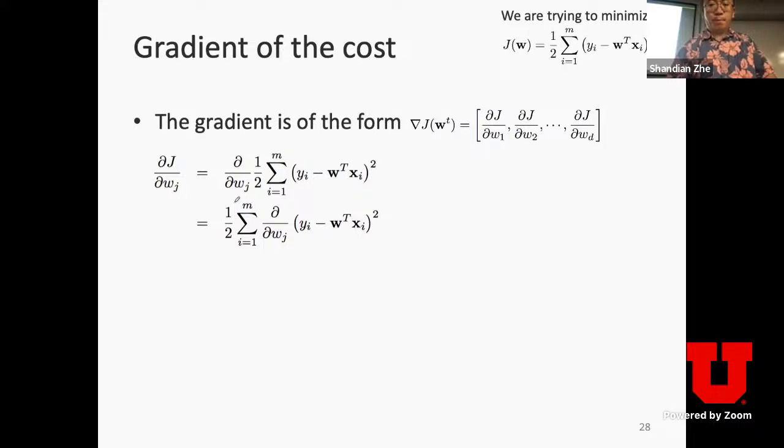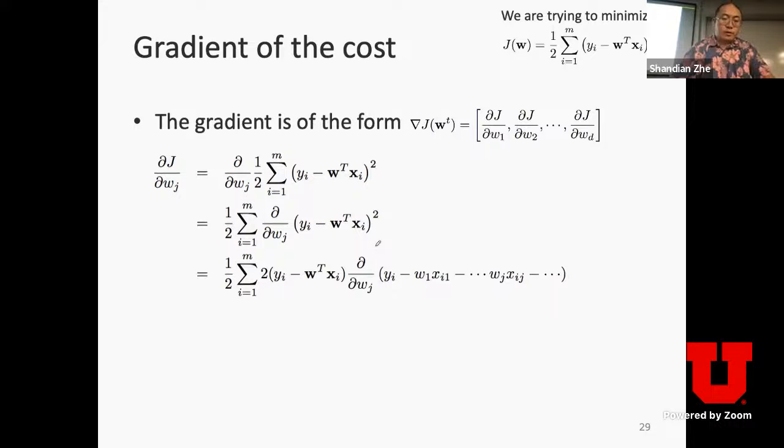Here it's just practicing calculus 1. You take the derivative of the square term, move 2 in front of the expression, times this difference, yi subtracted by your prediction, and then apply the chain rule. You take the partial derivative of the error or difference with respect to Wj.